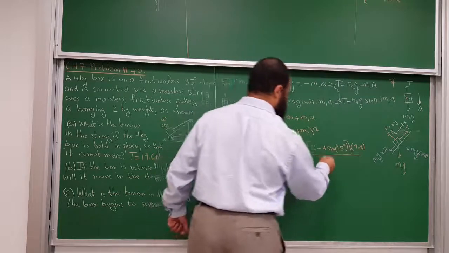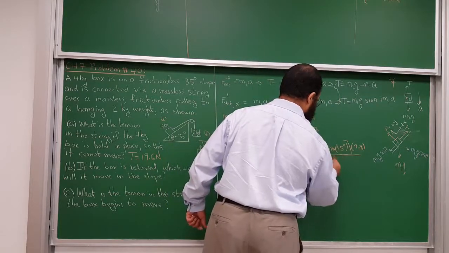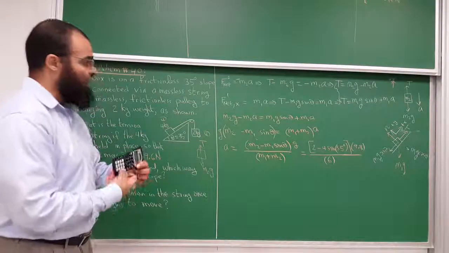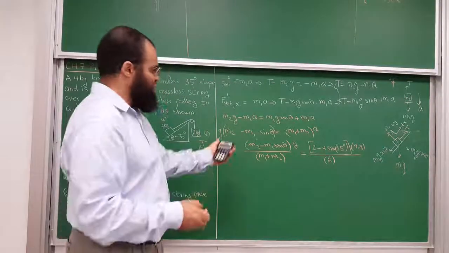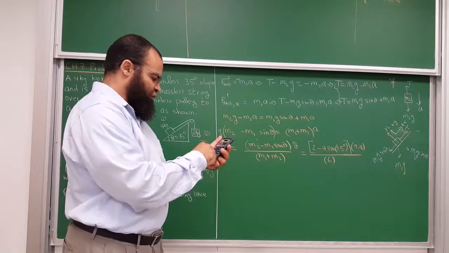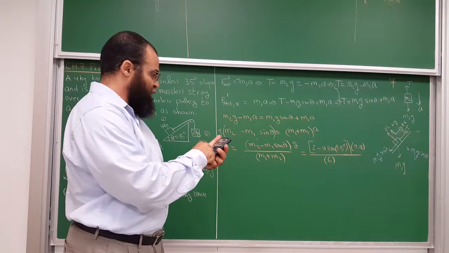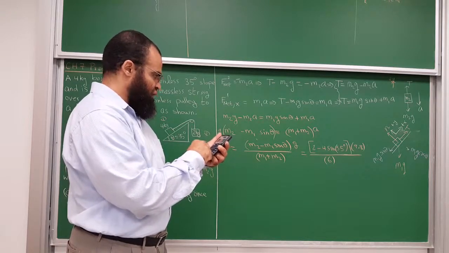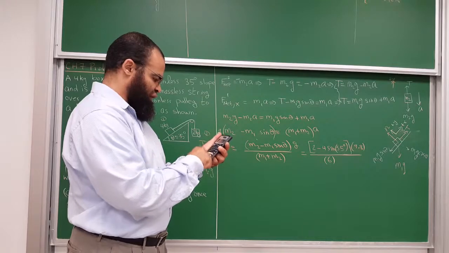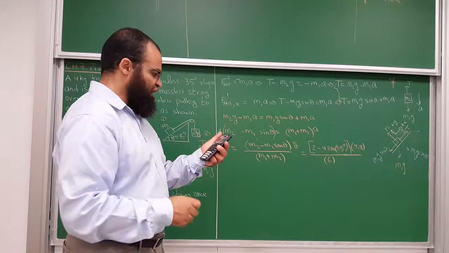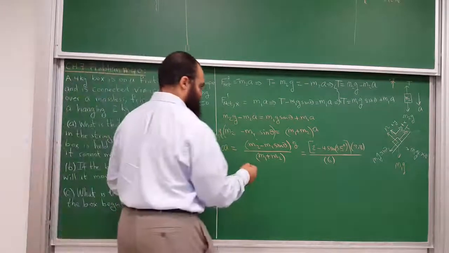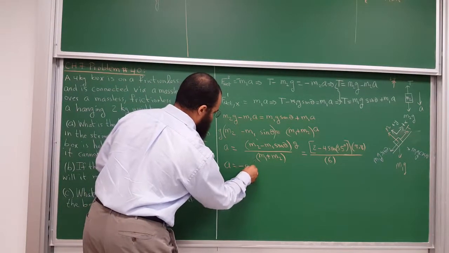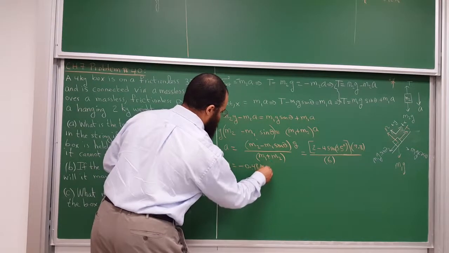That's 2 kilograms plus 4 kilograms, so that's 6 kilograms. So I get 2 minus 4 times the sine, not cosine, sine of 35, times 9.8 over 6. So I get negative 0.48. So the acceleration would be negative 0.48 meters per second squared.